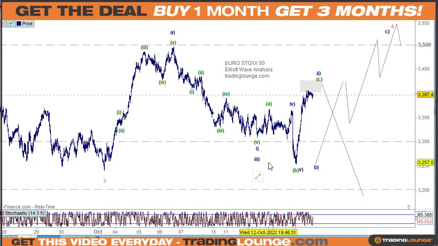And the other count is that we would have to look at this being corrective coming down here.